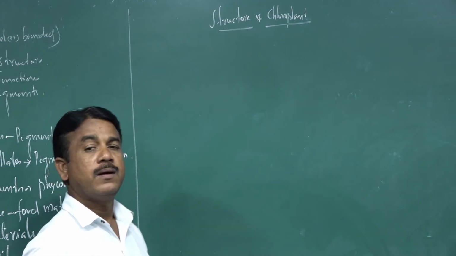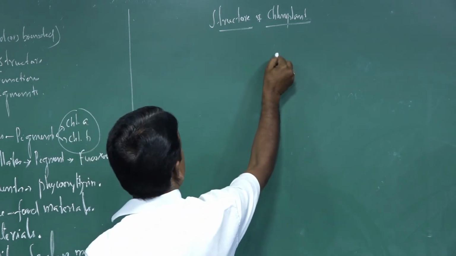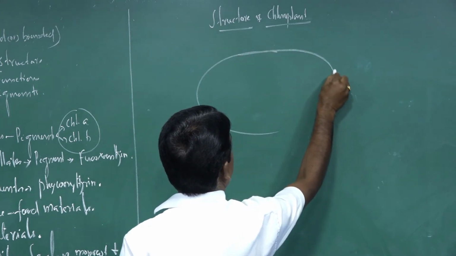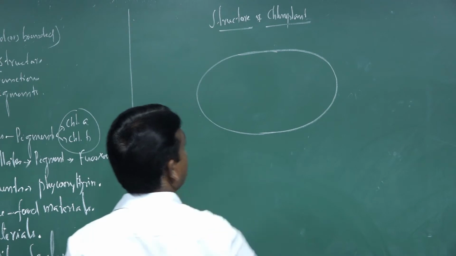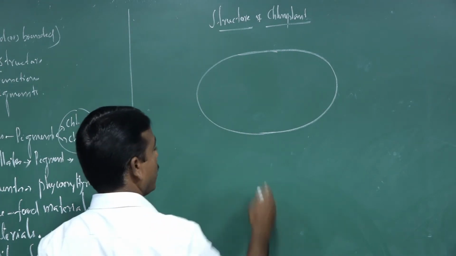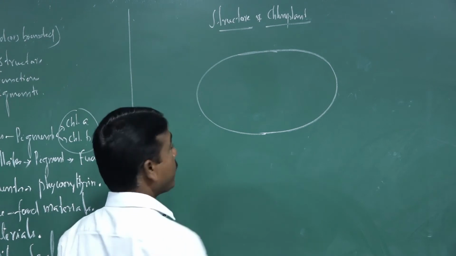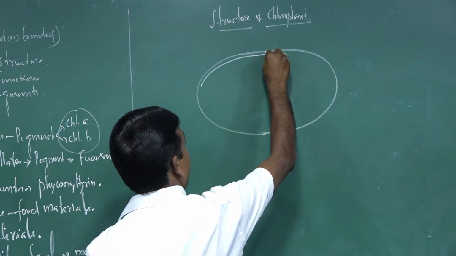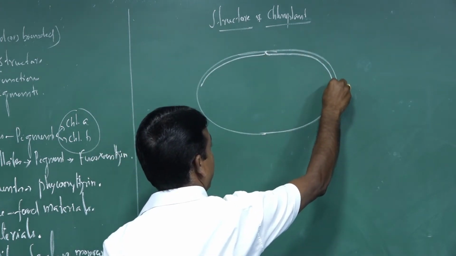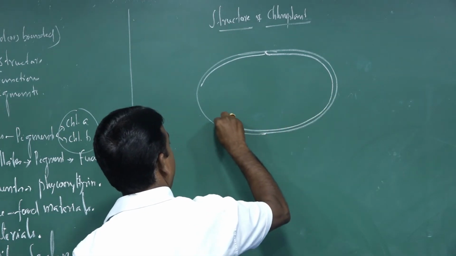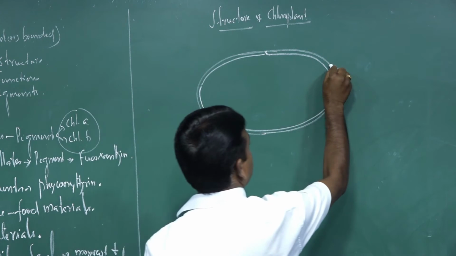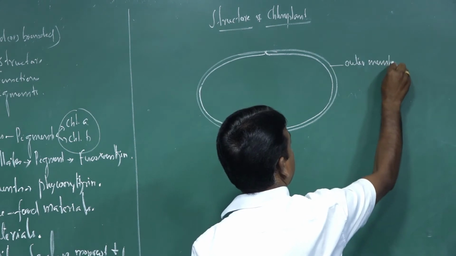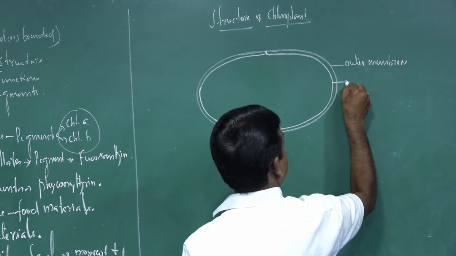For the structural components, chloroplast has a discoidal shape, because the structure looks like a disc. In structural view, it possesses an outer membrane and an inner membrane. This is the outer membrane. That is the inner membrane.